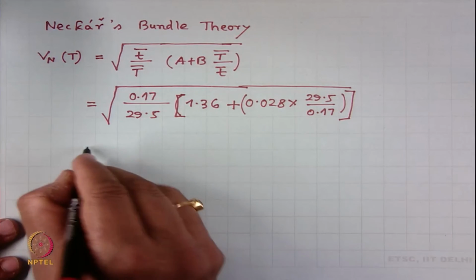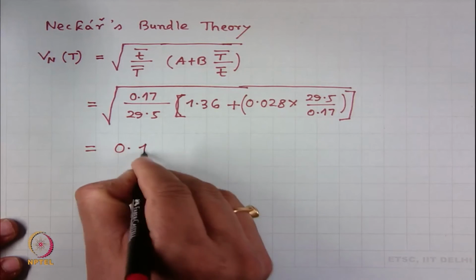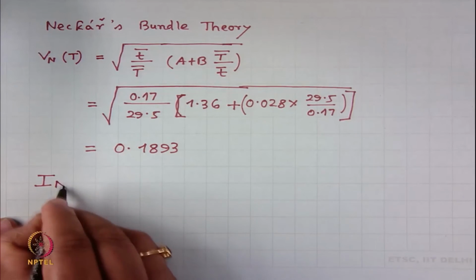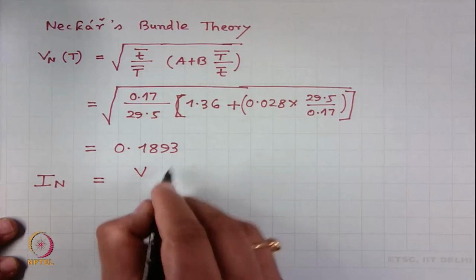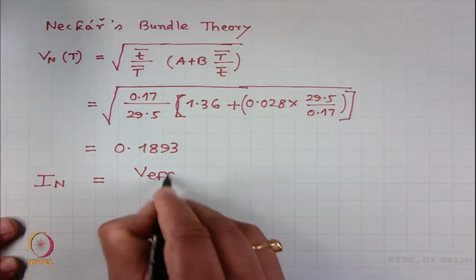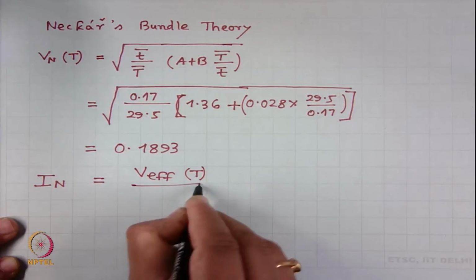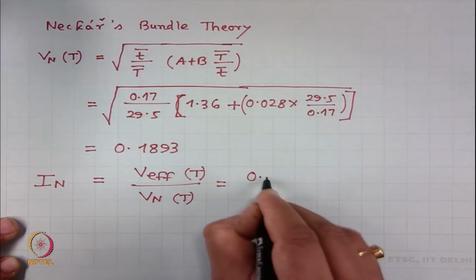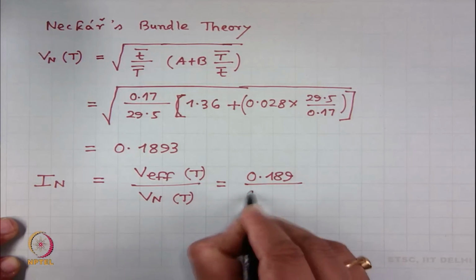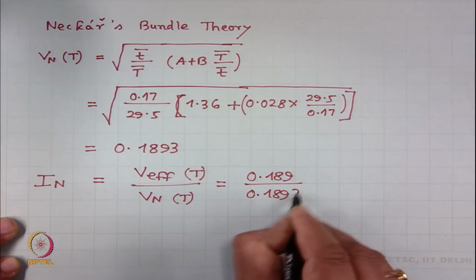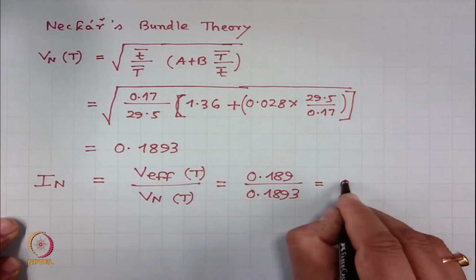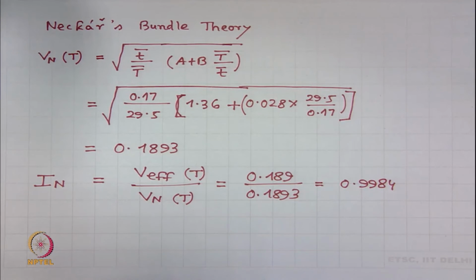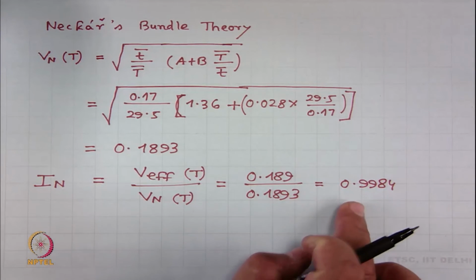So, this will lead to 0.1893, and then index of irregularity using Nesker's theory by this. So, 0.189 by 0.1893. Close to 1.